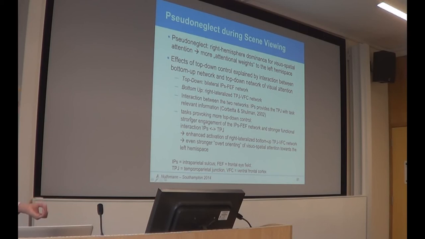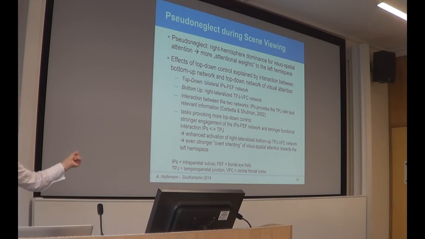So arguing that tasks provoking more top-down control, you can think of those as showing a stronger engagement of the top-down network, and, that's actually the catch here, a stronger functional interaction between the 2. So you would observe, first of all, the enhanced activation of the right-lateralized bottom-up network, but likewise an even stronger over-orienting towards the left hemispace.